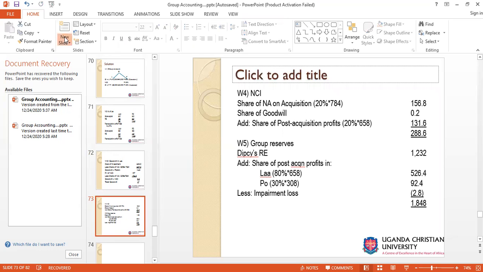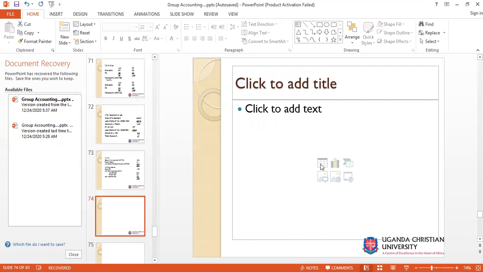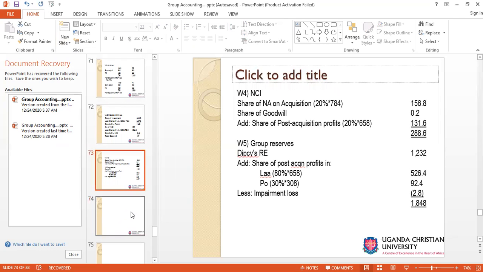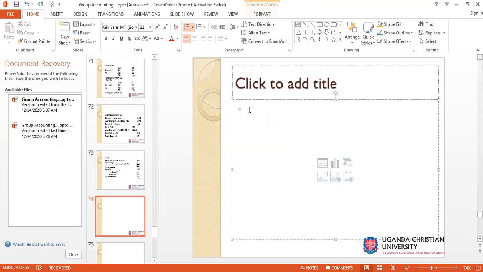We'll proceed to working number 6. Investment in associate. Investment in associate is initially recorded at cost.